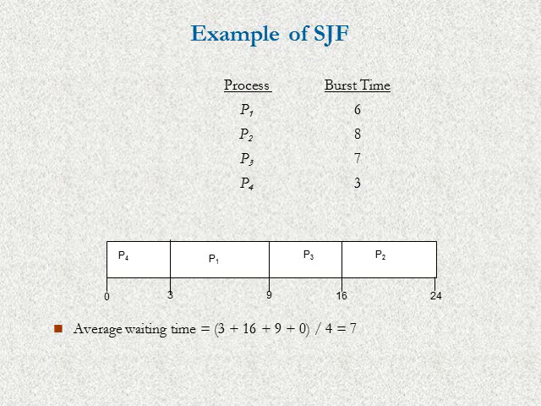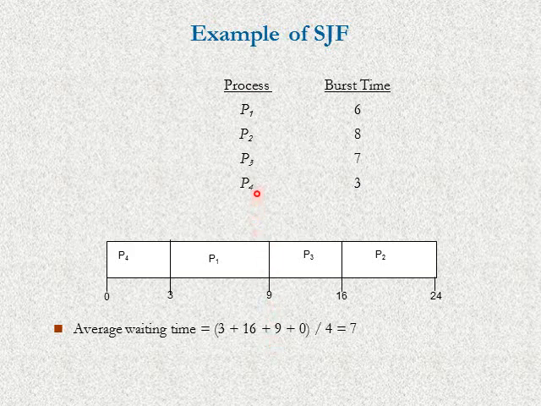For P1, it arrived at the system at time interval 0 and went into the processor at time interval 3. So 3 minus 0 is 3, the waiting time for process 1. For P2, it arrived at time 0 and went into the processor at time interval 16, so 16 minus 0 is 16. For P3, it arrived at time 0 and went into the processor at time interval 9, so 9 minus 0 is 9.